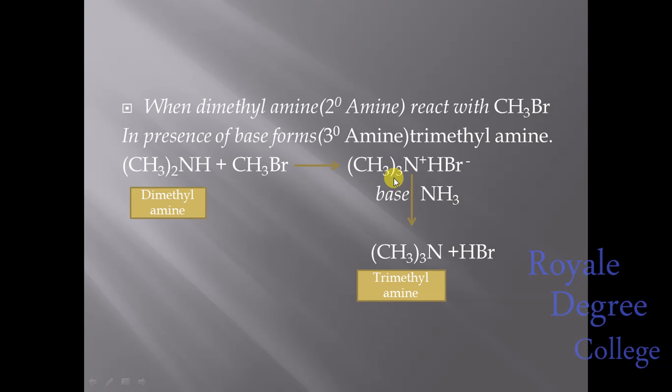So we are getting here CH3 taken twice NH plus Br minus. In this we are adding ammonia base. So what will happen? This HBr, it is coming out as a side product, and our main product is CH3 taken thrice N, that is named as trimethylamine, we can say, it is named as tertiary amine.